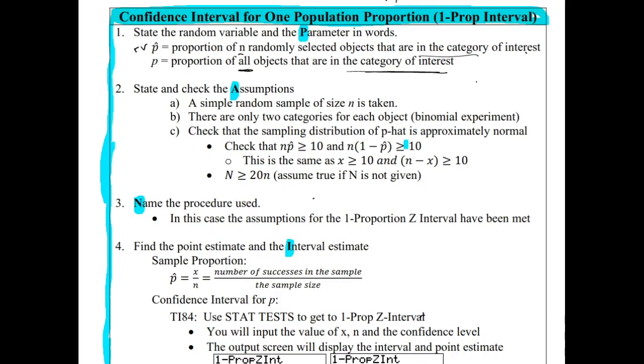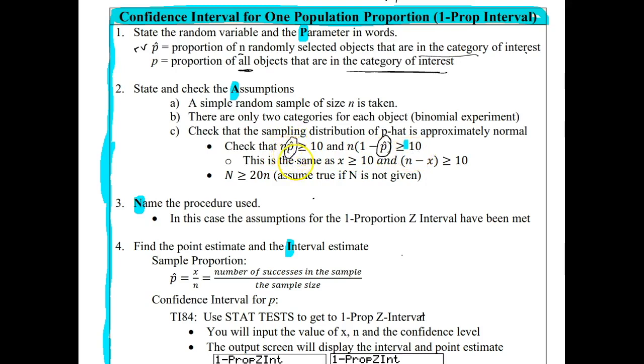Every one of these inferential procedures has its own set of assumptions. These are the same assumptions that we looked at in the last section, with the exception that now we don't know p anymore, so we're going to use p hat as a point estimate for p. We can either check that n p hat is at least 10 and n(1 minus p hat) is at least 10, or, oftentimes we're not given the sample proportion.